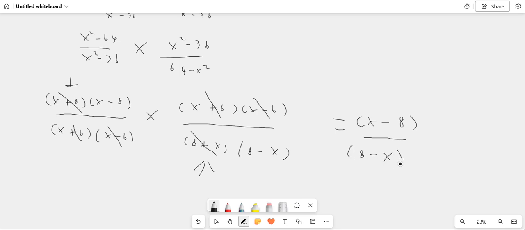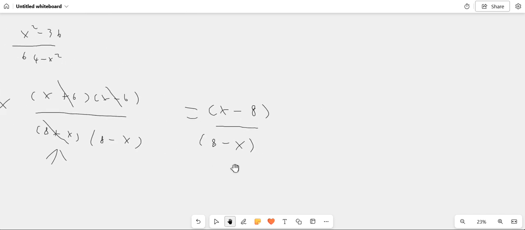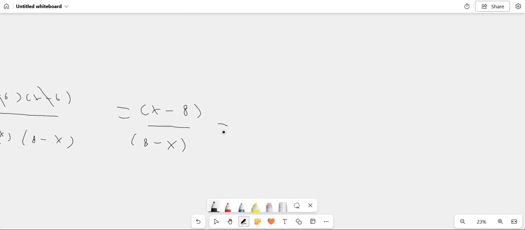So now you're probably thinking, what's going on here then? How do we get -1 from that? Well, if you think about it, yeah, this is actually equal to -1. The reason being is because if I times the bottom here by -1, I would get the top. Think about it. 8 times -1 is -8. -8 times -1, you get it, yeah, is plus x, that's x minus 8, yeah.